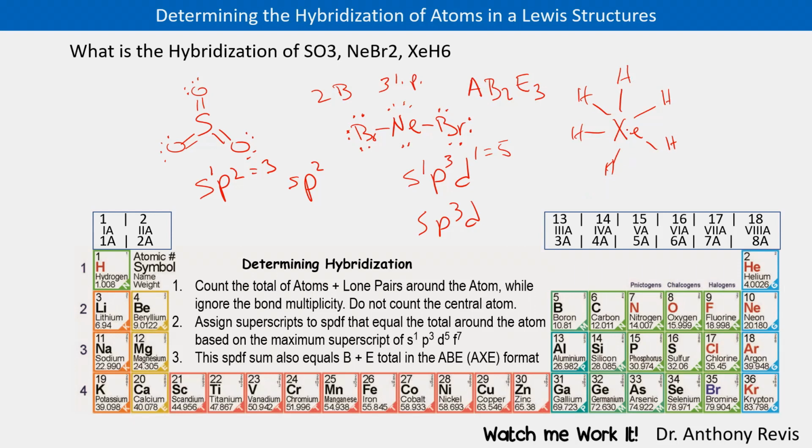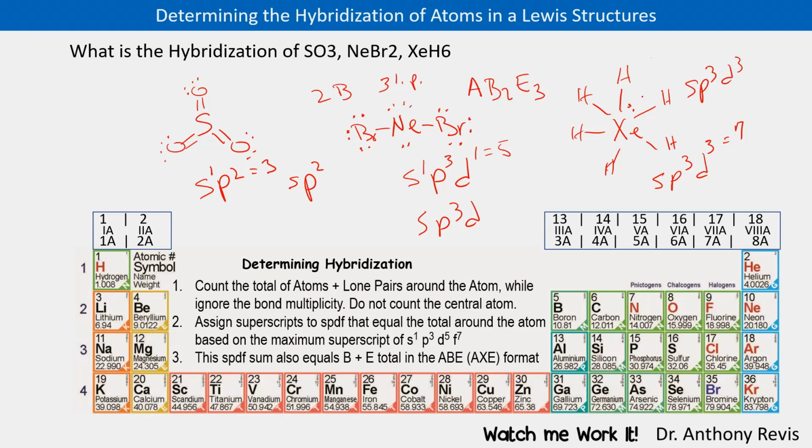And so that means 2, 4, 6, and we're short 1 lone pair for the final Lewis structure. That means we have 6 bonded groups and 1 lone pair for 7. So that's going to be SP3D: 3, 4, 5, 6, 7. That's 7. There we go. So this is finally SP3D3.